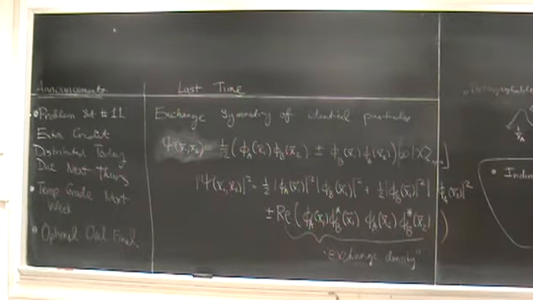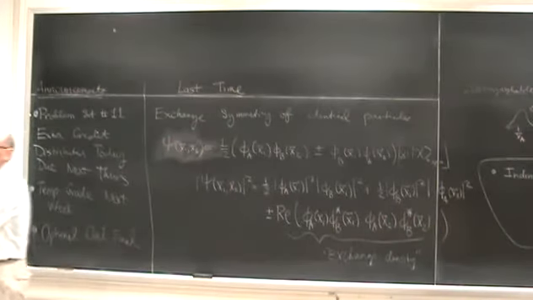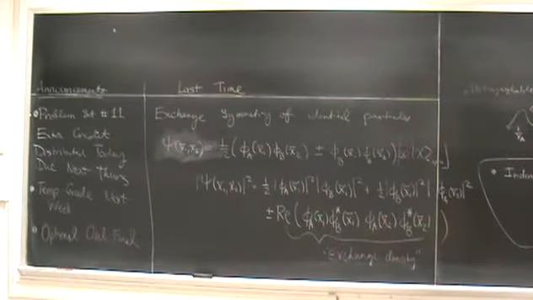And then you can decide what you want to do: call it a year or take the final, which will be an oral exam, at a time of mutual convenience for us during finals week. All right? So that's what's going on.